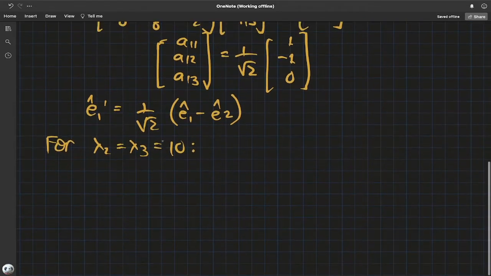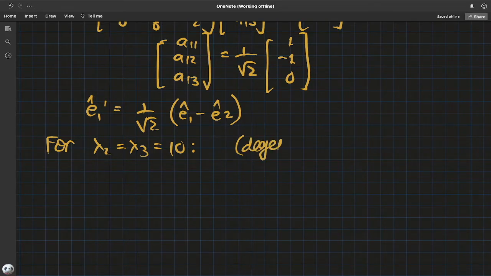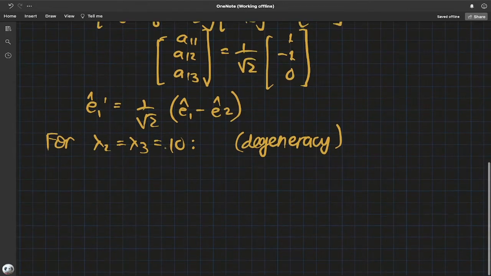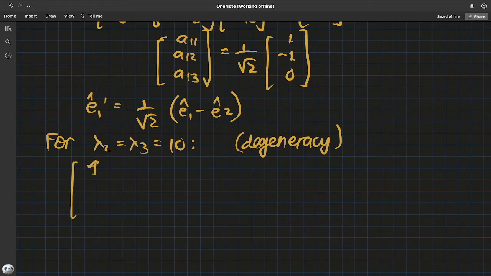What we can do is, we have a degeneracy, so two different eigenvectors give the same eigenvalue. So I'll just write it as it is first.